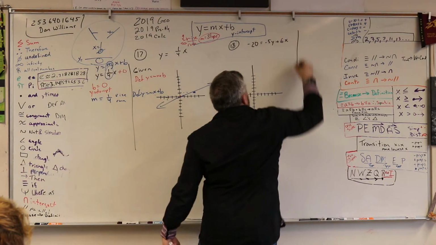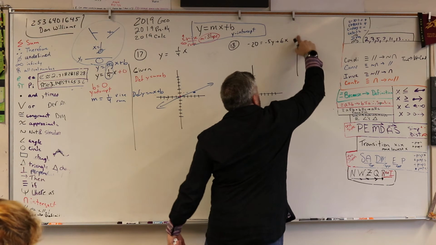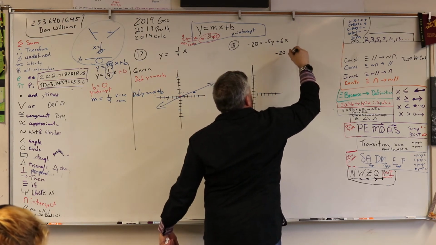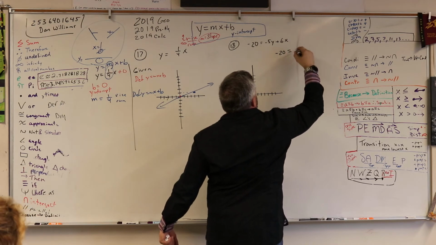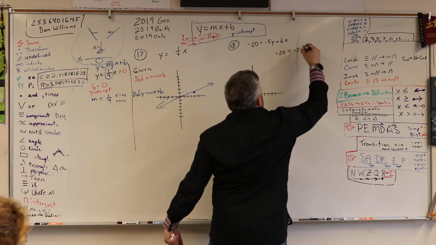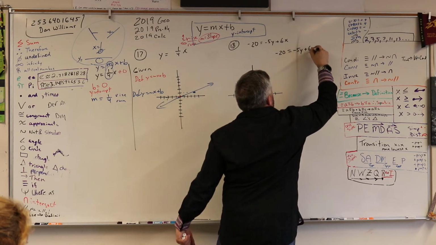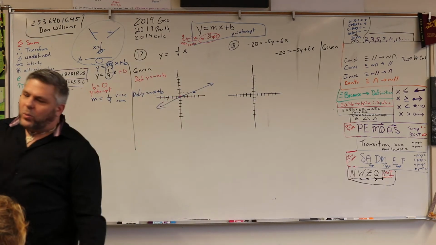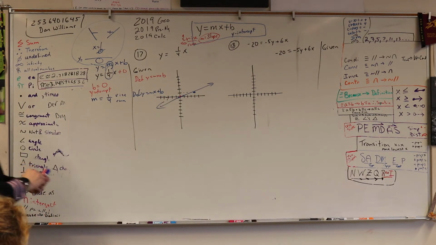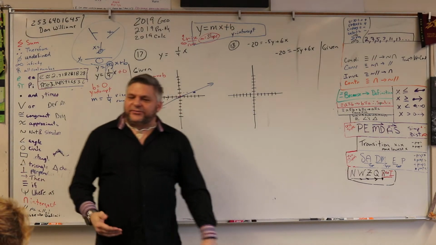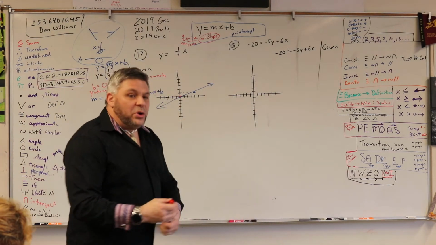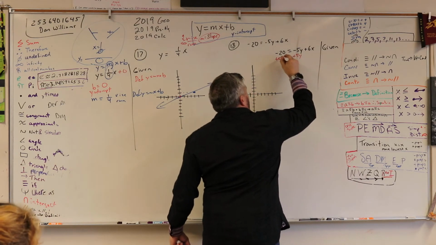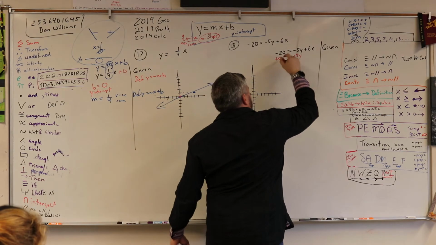Given. I'm going to move it over a little bit. So negative 20 equals negative 5y plus 6x. And that's given, right? But what do I want? I want y equals, right? And I don't want negative y, I want positive y, right? So I'm going to move the 5y.